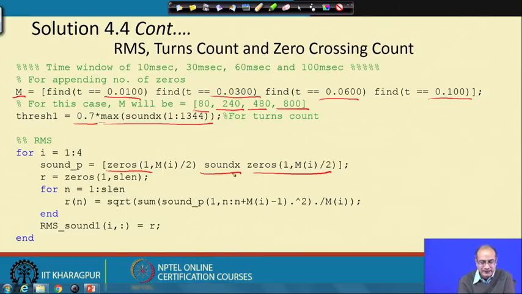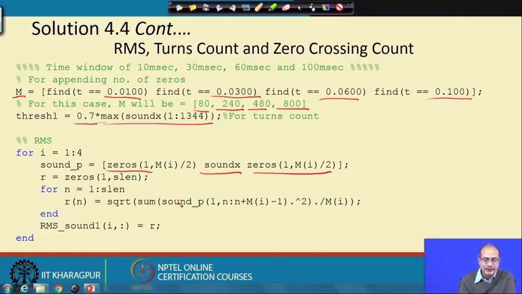So, both the sides of padding is required, and the size of the padding on both sides is half of the size of the window. That is, if we are taking 80 samples, 40 zeros at the beginning, 40 zeros at the end are padded. If we are taking 240, then 120 zeros at the beginning, 120 at the end is padded.